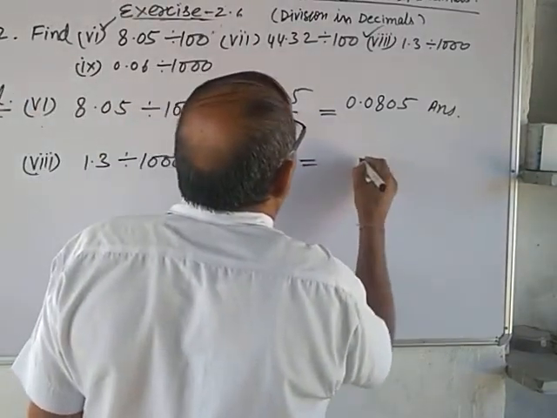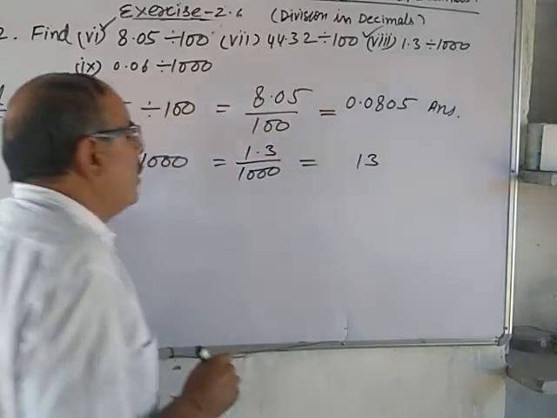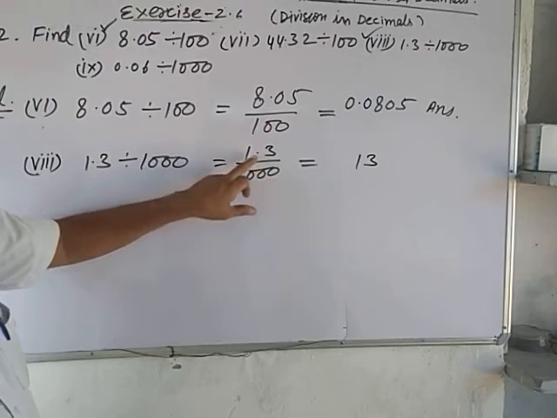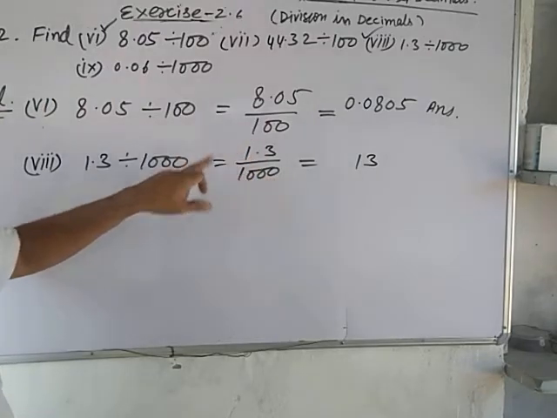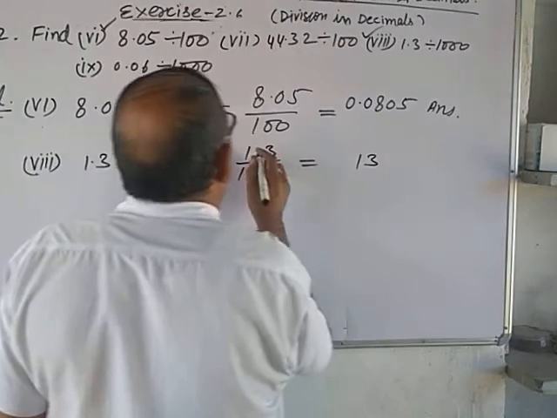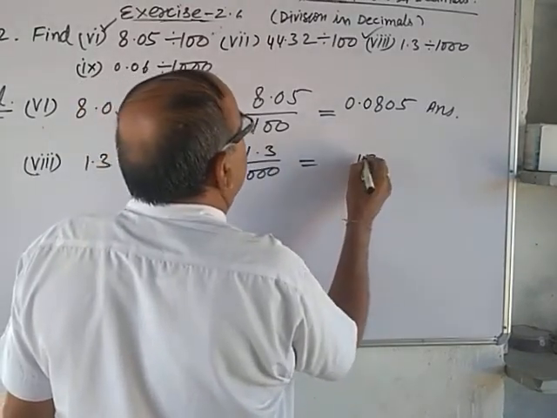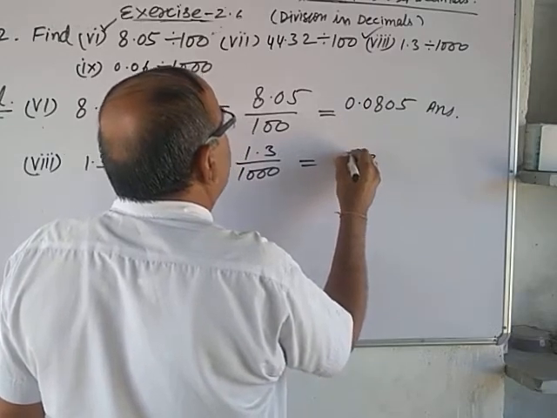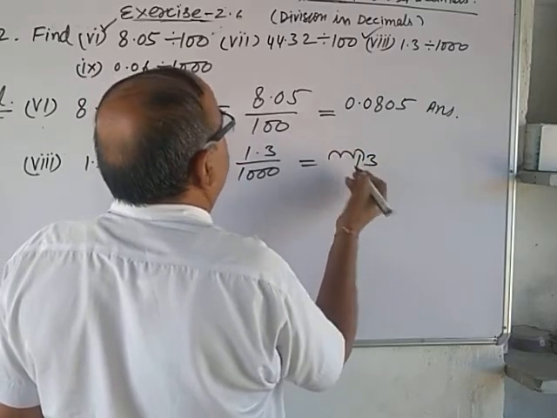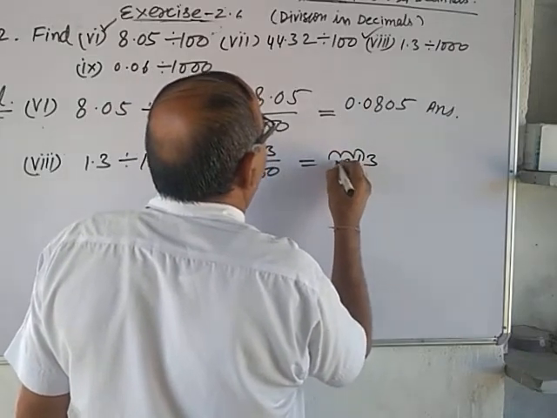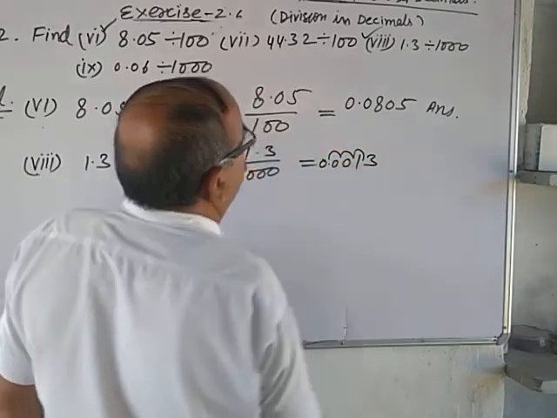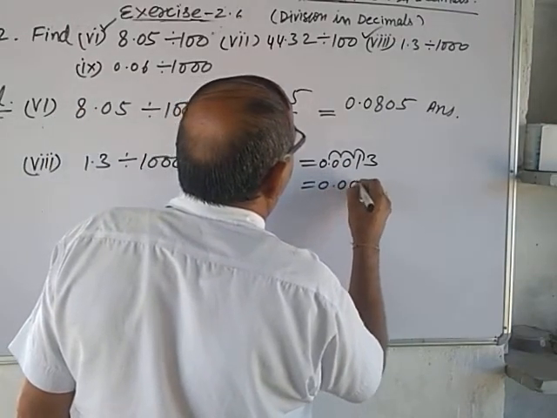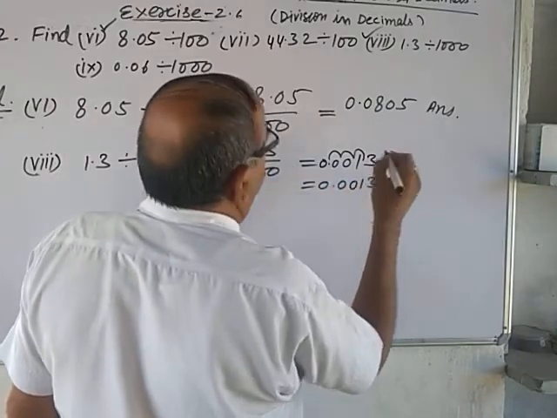We know that we have 3 zeros, so the decimal moves to the left by 3 points: first point, second point and third point. It means 0, 0 and 0. This becomes 0.0013, answer.